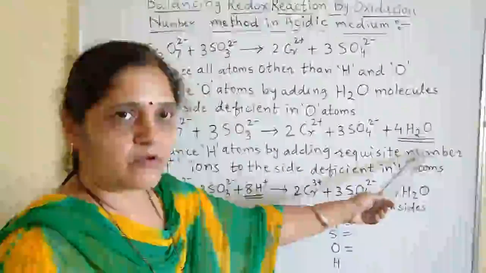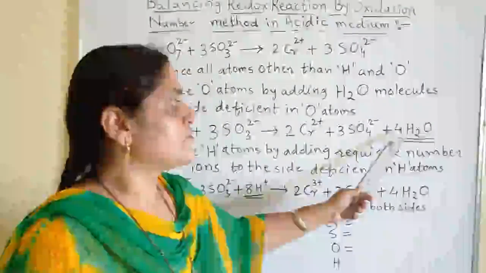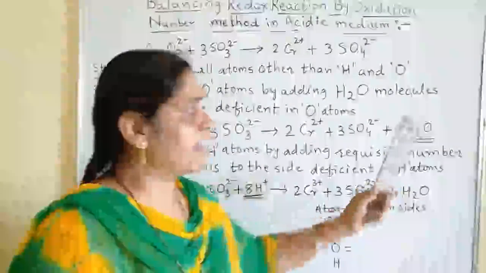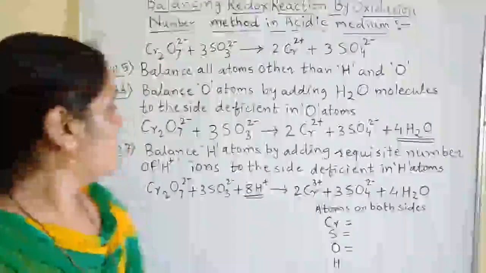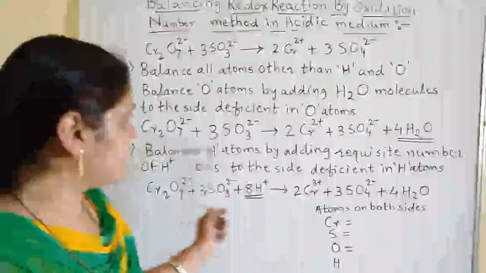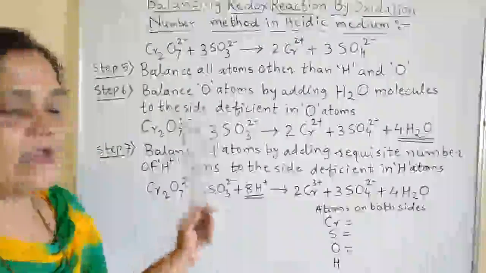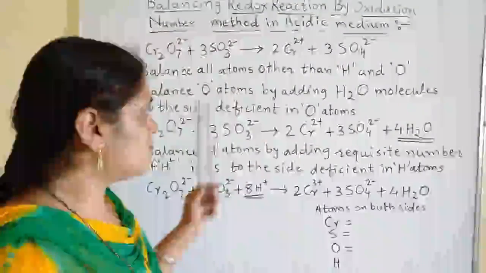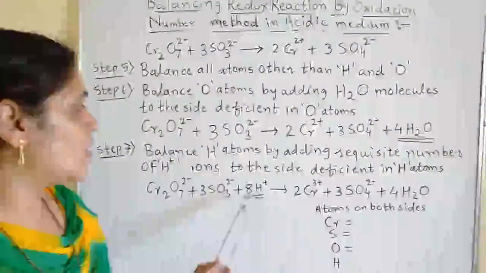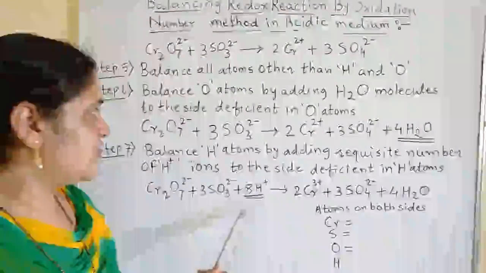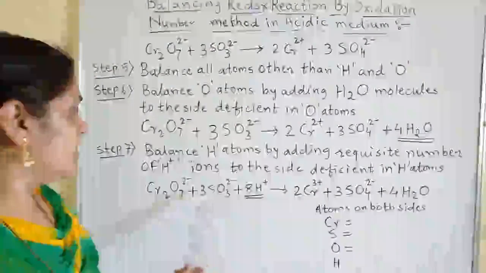As we have added 4 water molecules to the right hand side to balance oxygen atoms, here 4 into 2, that is 8 hydrogen atoms, are present on the right hand side. But on the left hand side there is no hydrogen. So the left hand side is lacking in hydrogen atoms. So we have to add 8 H+ ions on the left hand side.